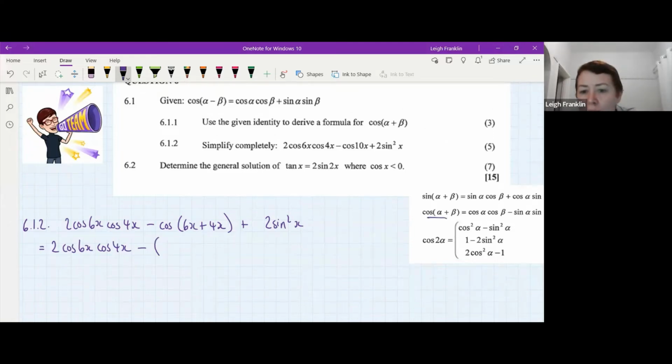So now I'm using this guy over here to expand what I see, all right? So I'm going to write this as cos 6x cos 4x, and cos doesn't keep its sign, so it's going to be minus sine 6x sine 4x. Everybody happy? I'm expanding according to this compound angle over there, plus my 2 sine squared x.